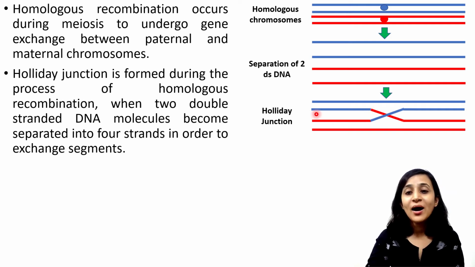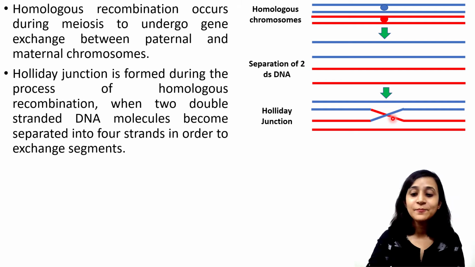So the blue one is exchanging the segment with the red one. In this way, their segments will be exchanged and in this place the Holliday junction is there.